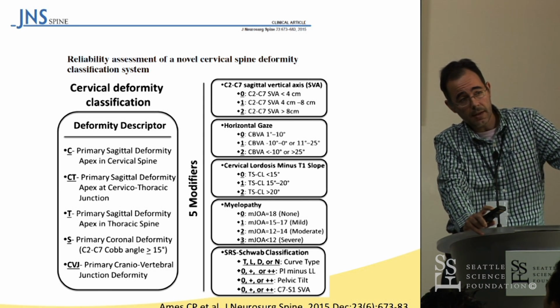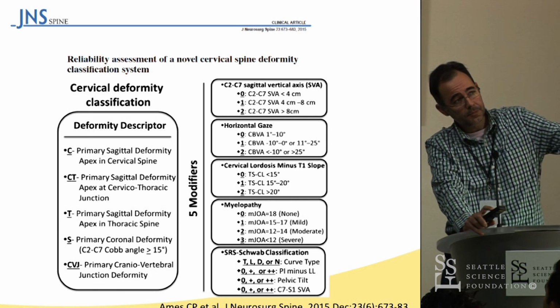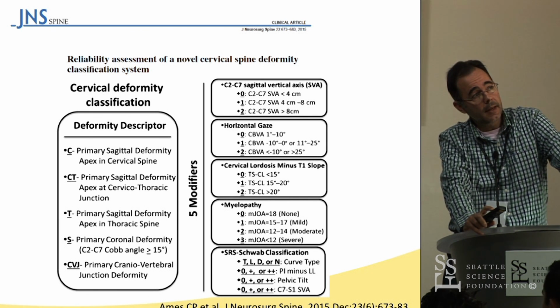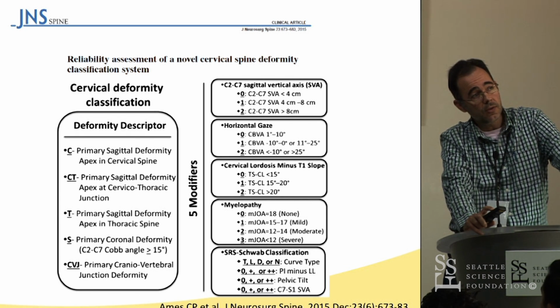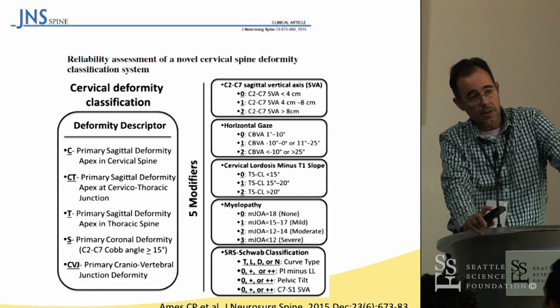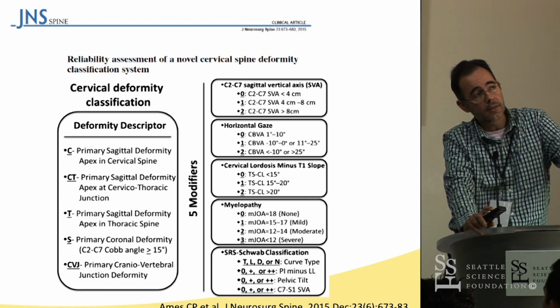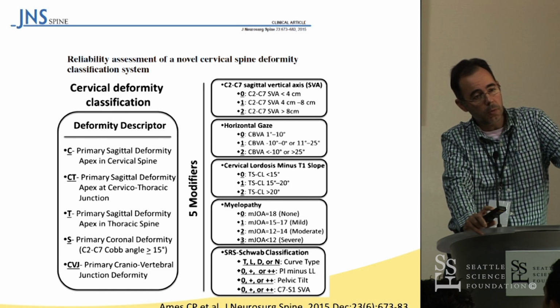That has been so important that Chris Ames in his classification system uses the myelopathic grade from the Modified Japanese Orthopedic Association as one of the modifiers in the assessment of their classification system.